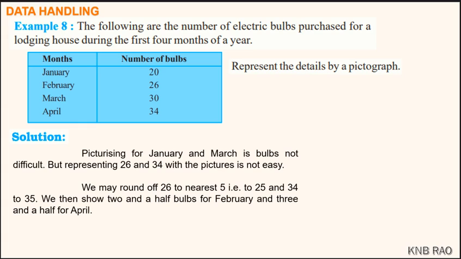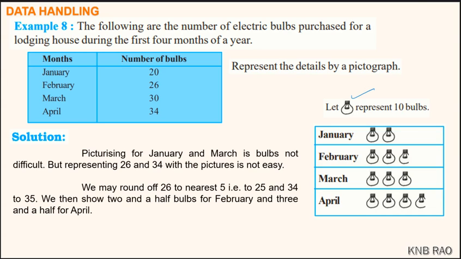Suppose I take 1 bulb symbol as 10, then a half or incomplete figure will represent 5 like this. So, in the month of January I have 2 full bulbs drawn, which means 20 bulbs. In February I have drawn 2 full and 1 half, which represents 25.